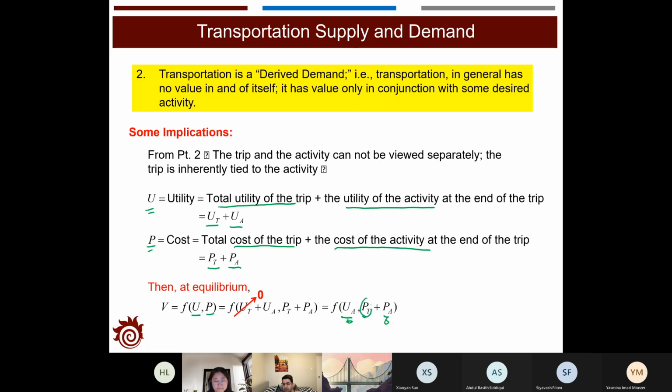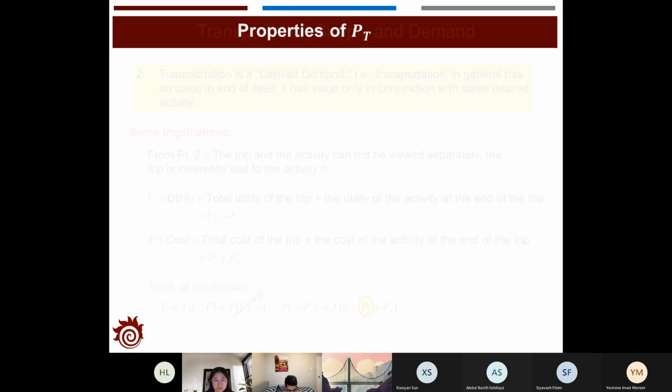Only for PT, the cost of the trip, it's affected by the traffic conditions, which means that it's also affected by the volume. These two affect each other. So this is actually the tricky part for us to deal with. And this is the conclusion we get from the second point.